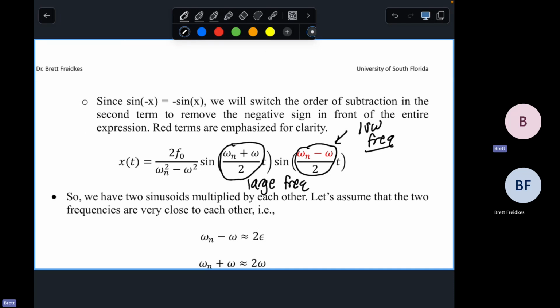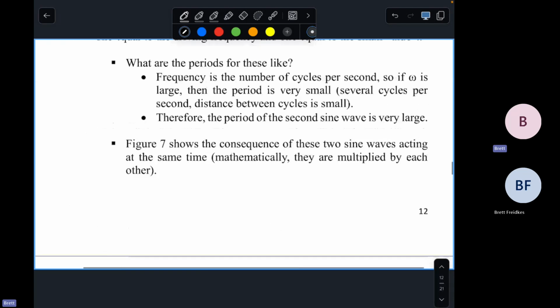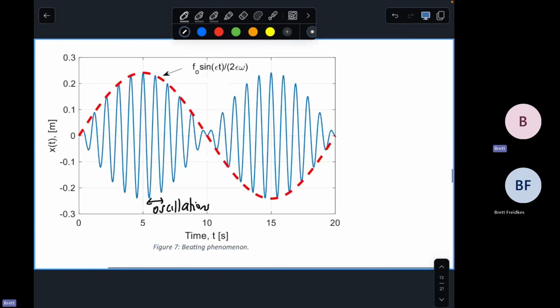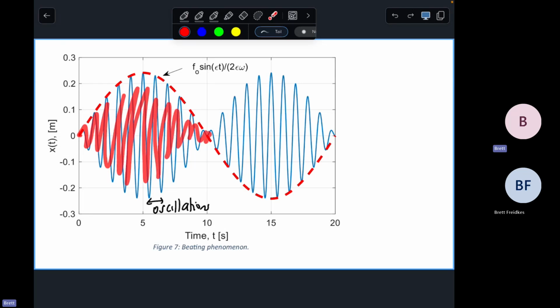So I have here this omega n minus omega over 2. That is the frequency of this red envelope. That is not the same thing as the beating frequency, because what we look at is how many times a beat occurs in a second. What is considered a beat? A beat is considered all this, and then it stops because it restarts itself.